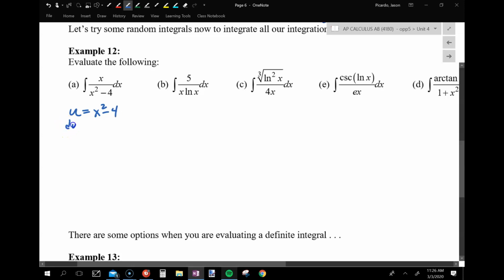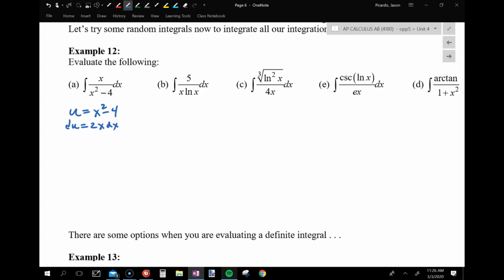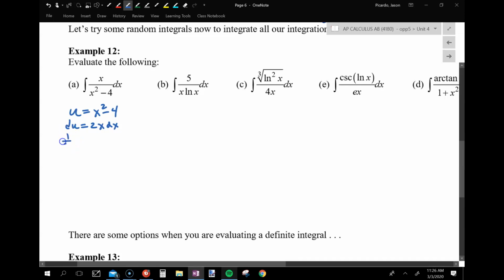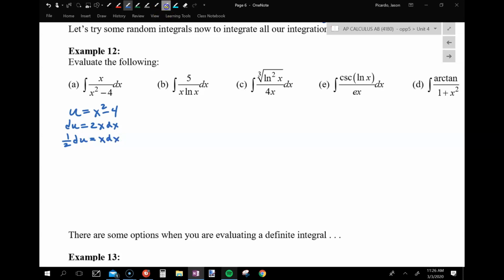Derivative of this is 2x dx. But we don't want 2, right? So I got to get rid of that 2. And there's my substitution.